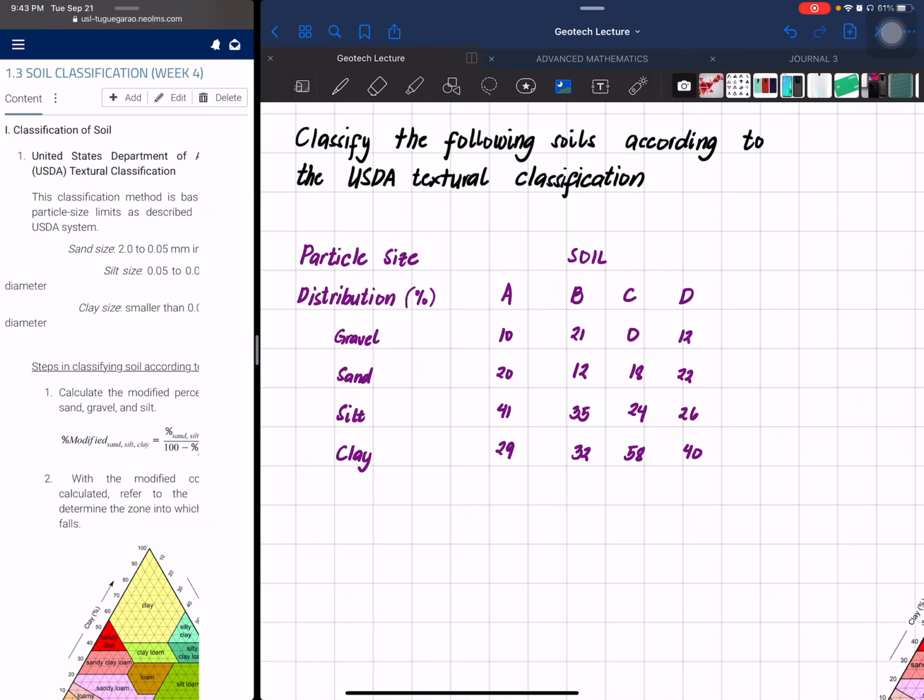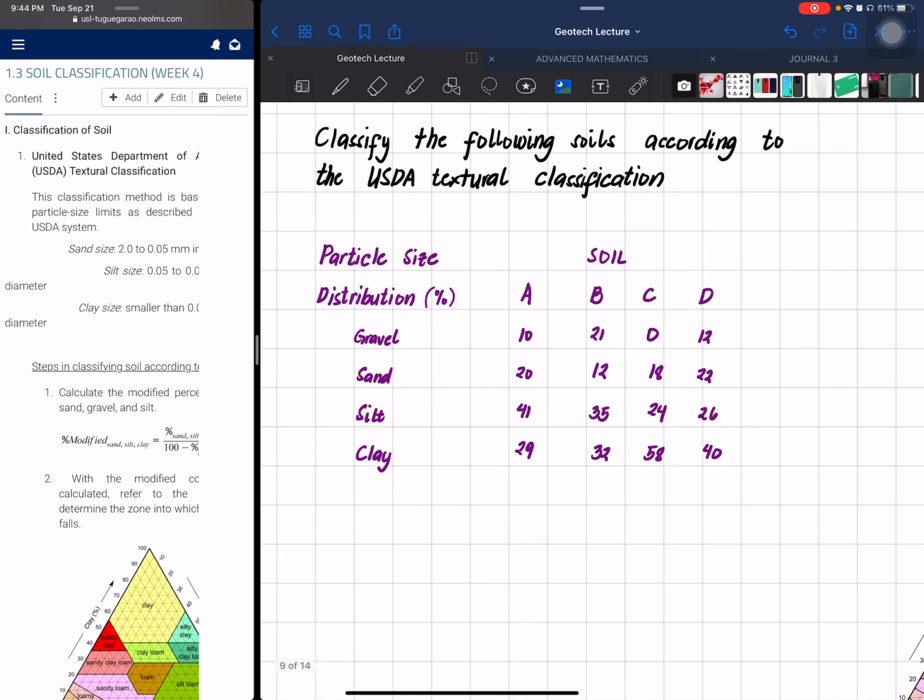Okay? So kung meron tayong gravel, ang nangyayari is that we do not take it into consideration in the classification. But we always have to identify, or name, the soil na meron siyang gravel. So, in order for you to better understand that, we have here an example.